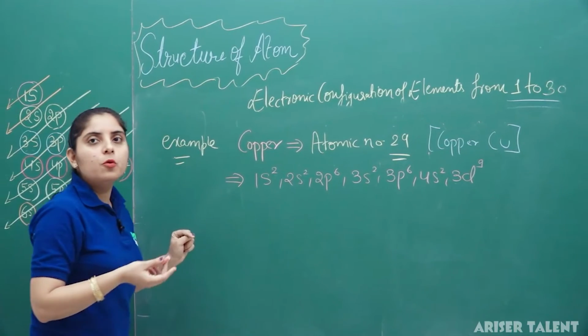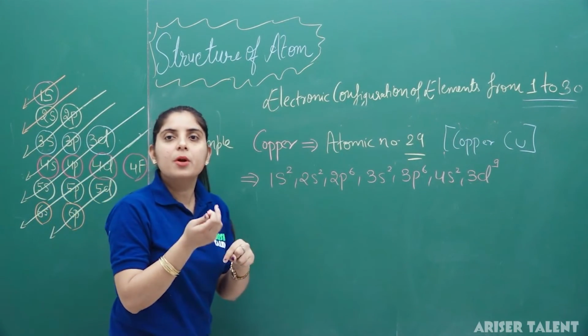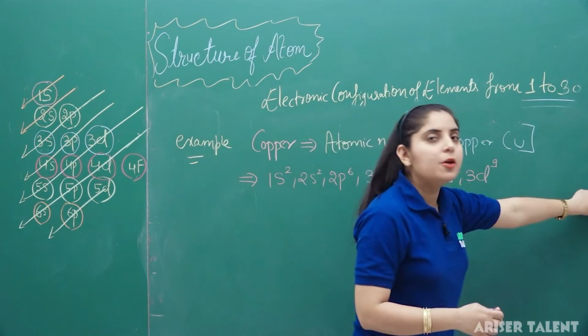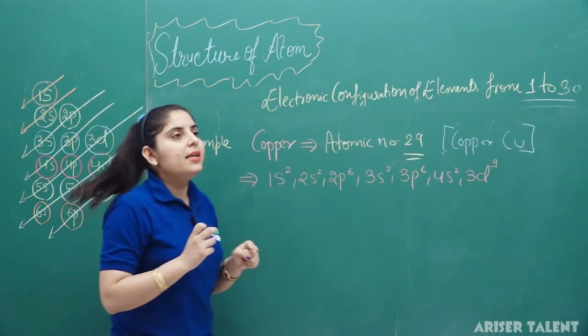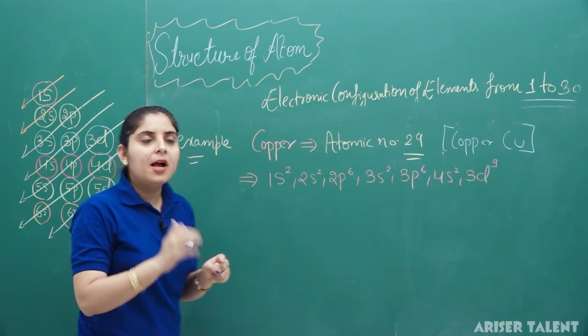Now we will modify the electronic configuration because we want the stability of a completely filled orbital, because if we have 10 in the d orbital, it will be fully filled.